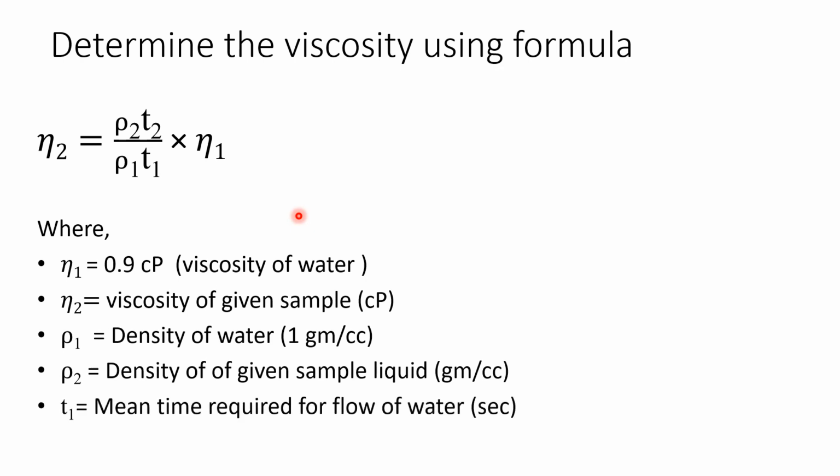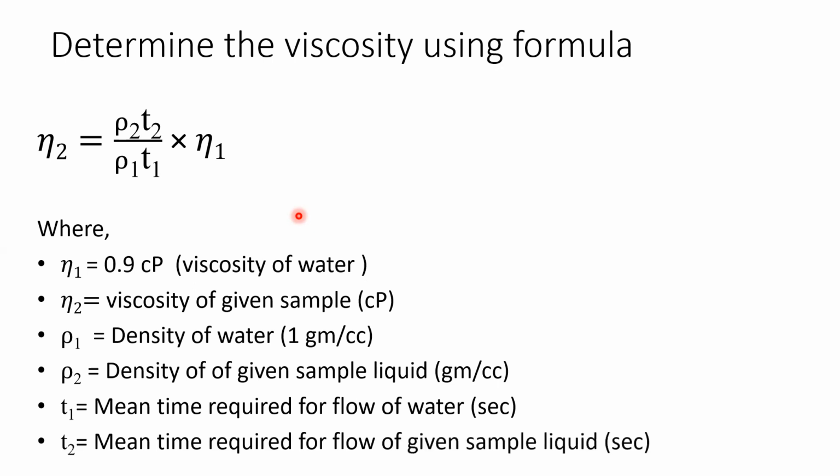T1 is the mean time or average time required for flow of water in seconds. T2 is the mean time required for flow of the given sample liquid in seconds. Now, once you put all the values in the formula, you can determine the viscosity of the unknown liquid sample.